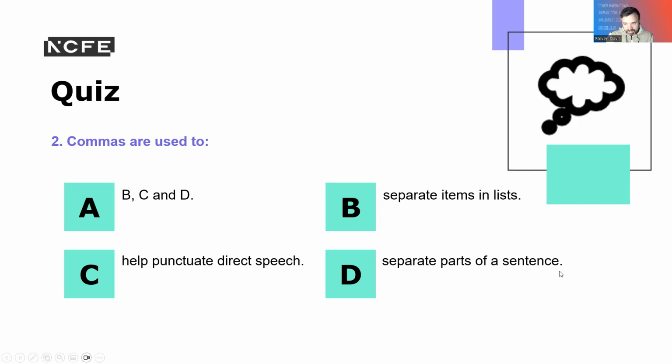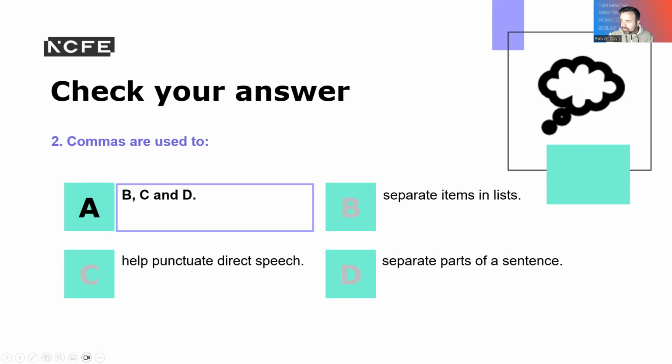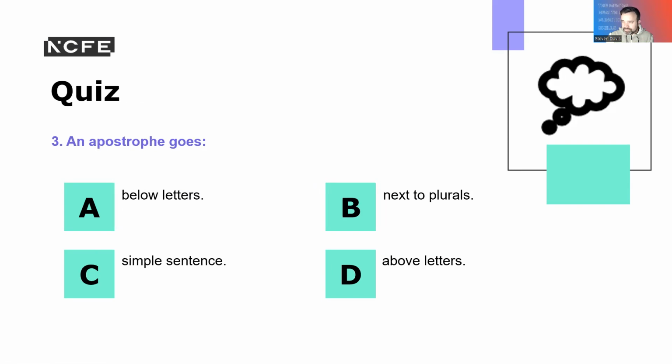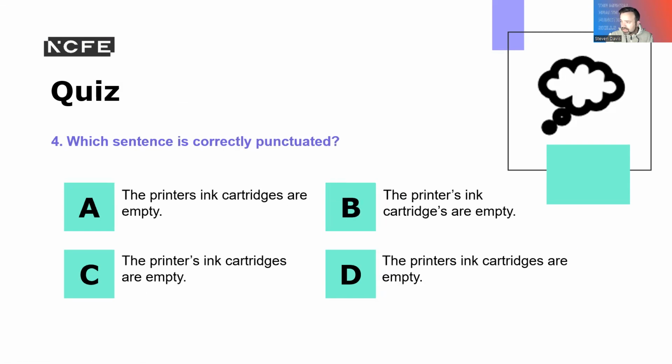They help punctuate direct speech and they separate parts of a sentence. So it's all of them. Good. An apostrophe goes above the letter.